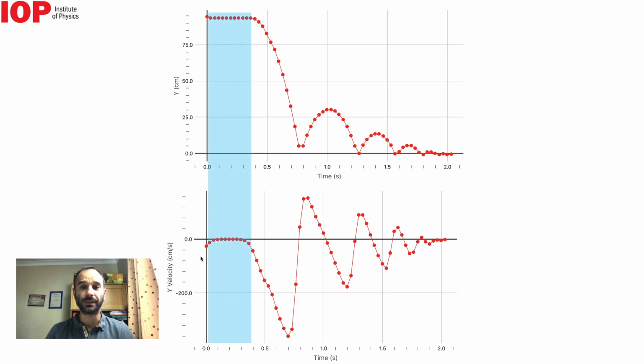So for example, in this first blue band here, you can see that the ball was held at the same height, so the gravity store is filled and the kinetic store, because the ball is not moving, is empty. But as the ball is starting to drop, then the gravity store, as you can see, the position of the ball decreases, so the gravity store empties, whilst the kinetic store increases as the velocity of the ball increases.